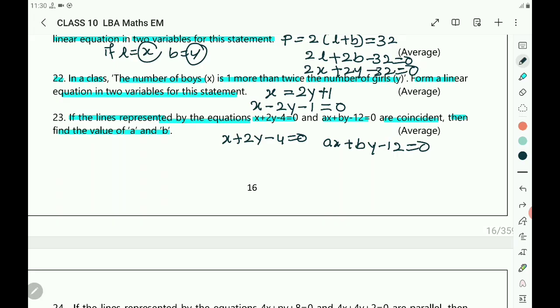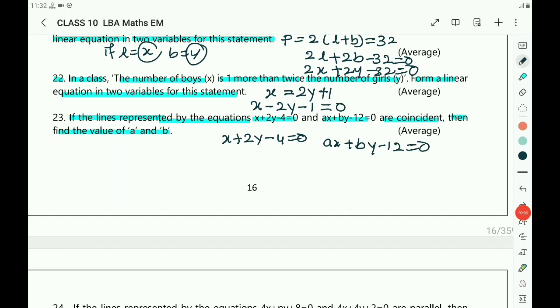Here 4 is there. 4 3s are 12. So you multiply x by 3, that becomes 3x. 2 into 3 becomes 6.